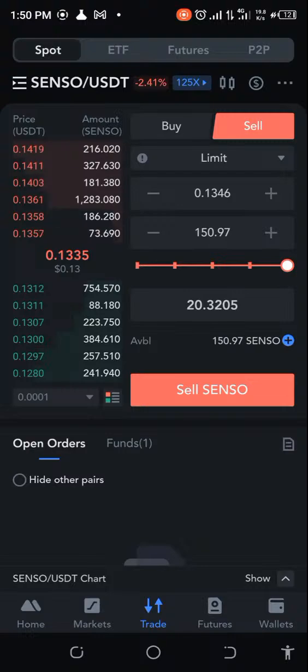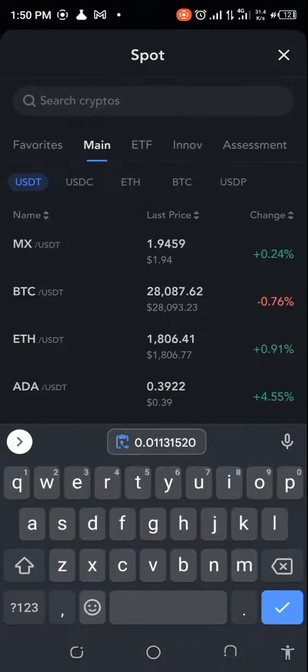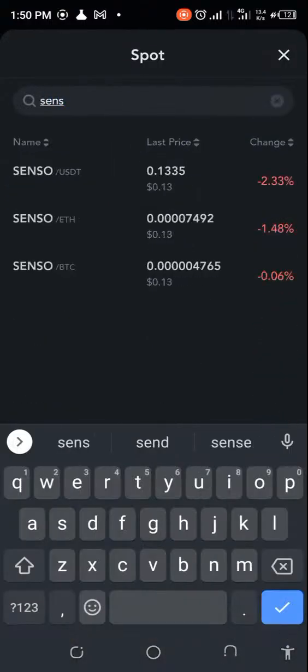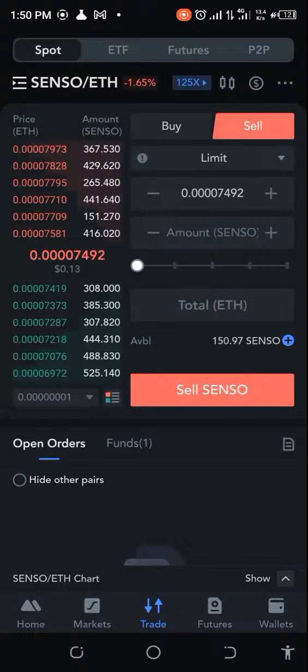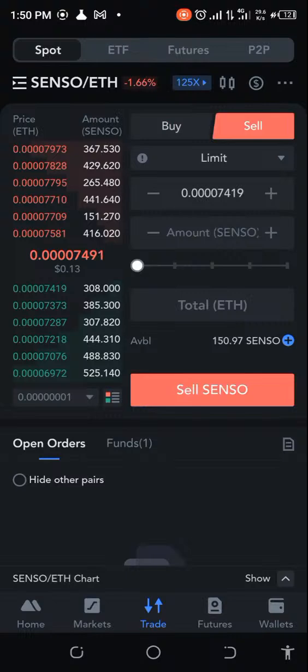But what I'm seeing here is that if we sell back to Senso ETH, which looks like it's climbing, we might likely get more. Oh no, not at all, because this amount wouldn't give us that much. We're definitely not going to get much from here.